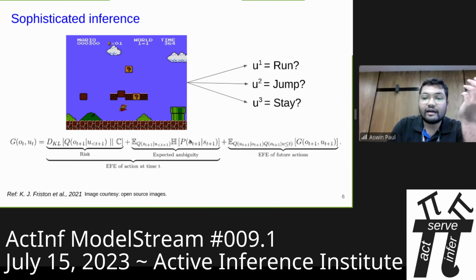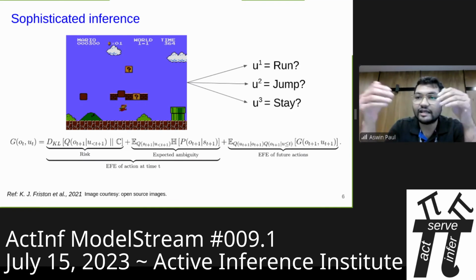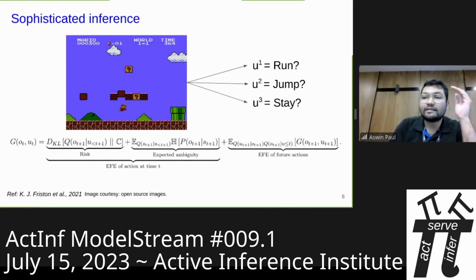Here we are doing basically tree search in the sense that you are trying to evaluate expected free energy of this joint distribution of actions and observations. And to evaluate the expected free energy at some time small t, you will also need the expected free energy at the next time step. And to evaluate that, you will need the expected free energy of time t plus 2. And this basically becomes a tree search that rolls out in time. And it's a recursive relation.